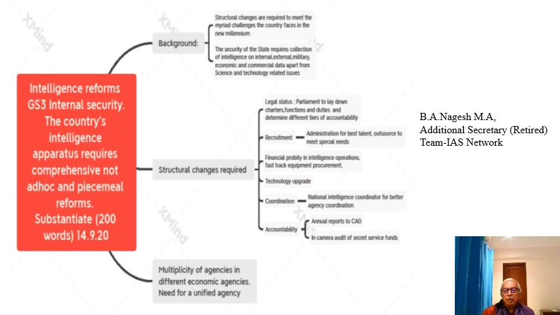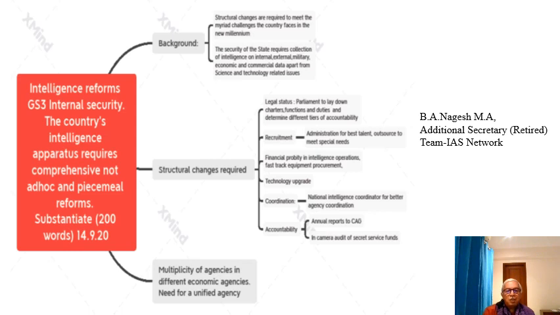Because of the multifaceted threats, the immediate task of the state is collection of huge intelligence data stretching from internal and external matters to economic, commercial, and science and technology related. So much of intelligence is being collected by the state. All this is required for the purpose of internal security.